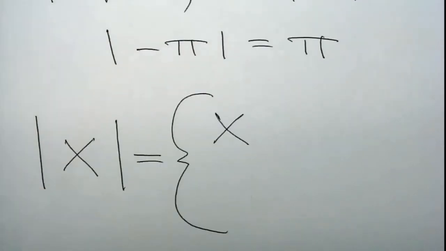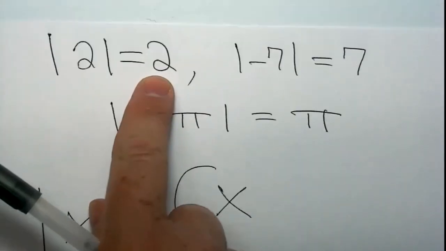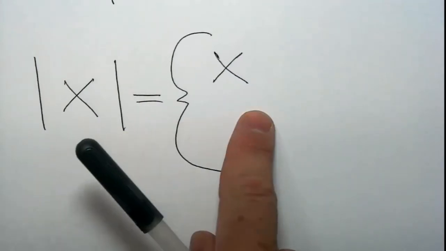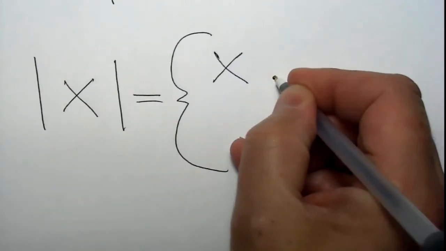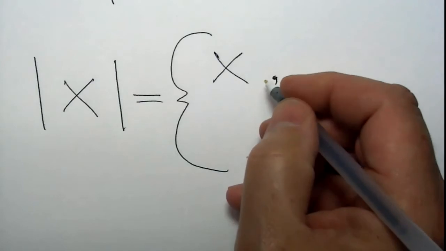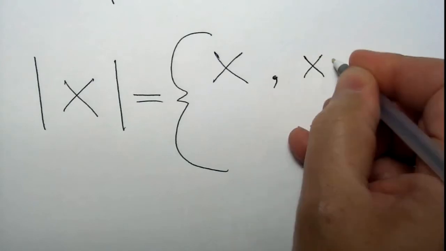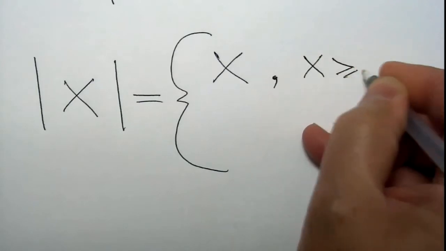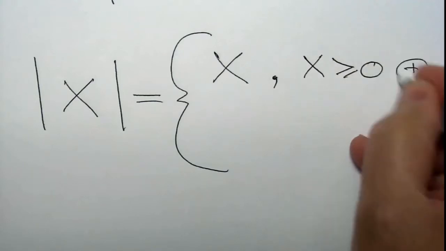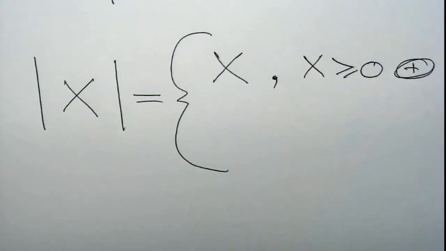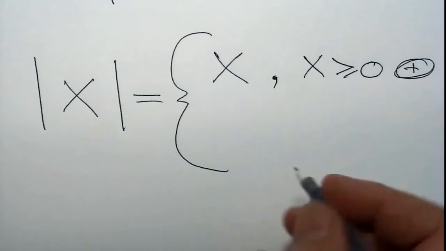In fact, sometimes the absolute value is pretty boring. It doesn't do anything. We could see it didn't do anything here. It just gave us what's inside. So sometimes the absolute value of x is simply x. And it's a boring function. It doesn't do anything when the x is already positive. And that would be when x is greater than or equal to 0. So it was already positive, and therefore it didn't have a job to do.